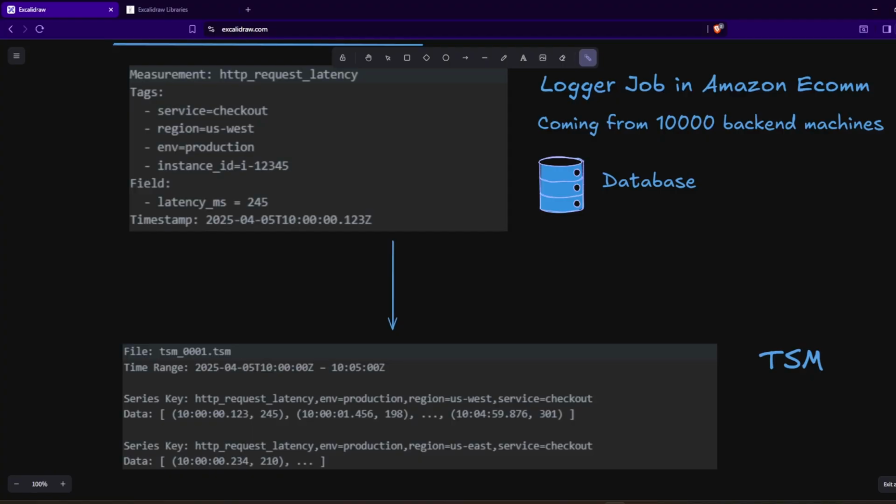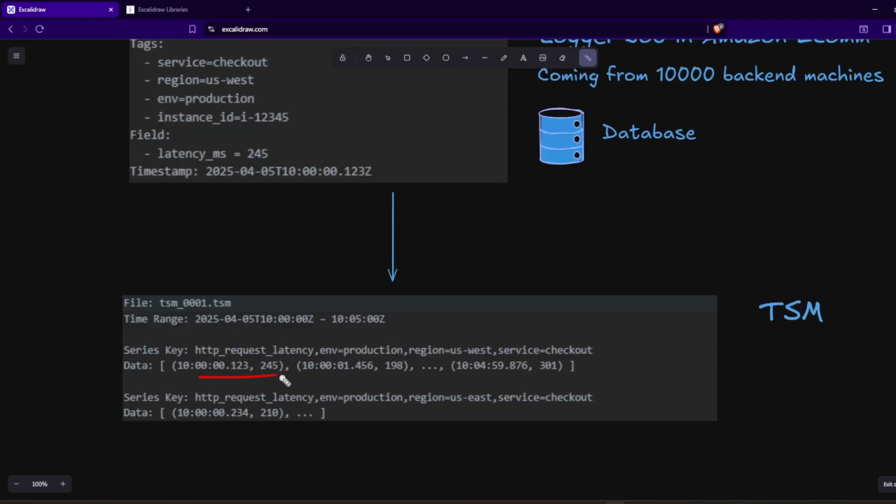When we have this particular time range, that means the defined time window for this particular TSM file: all the data of this time window is stored in this particular TSM file. Time series data is inherently ordered by time only.